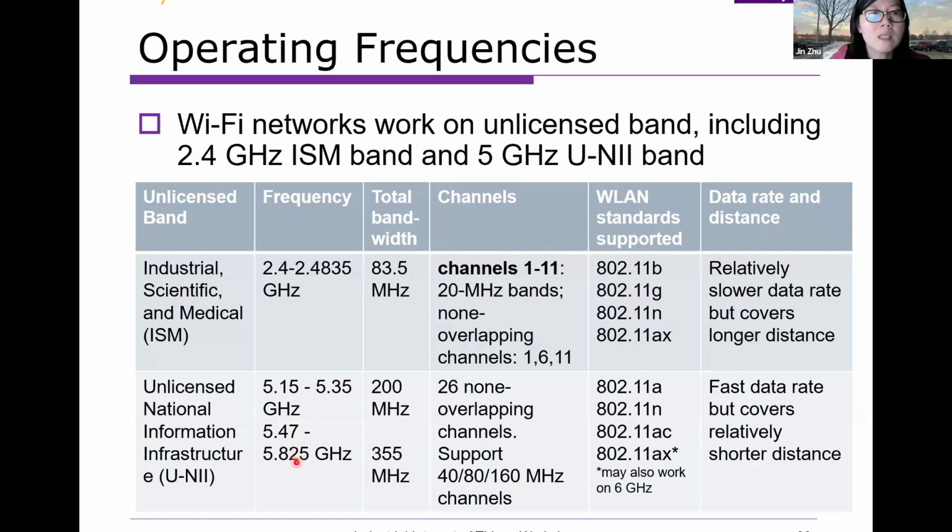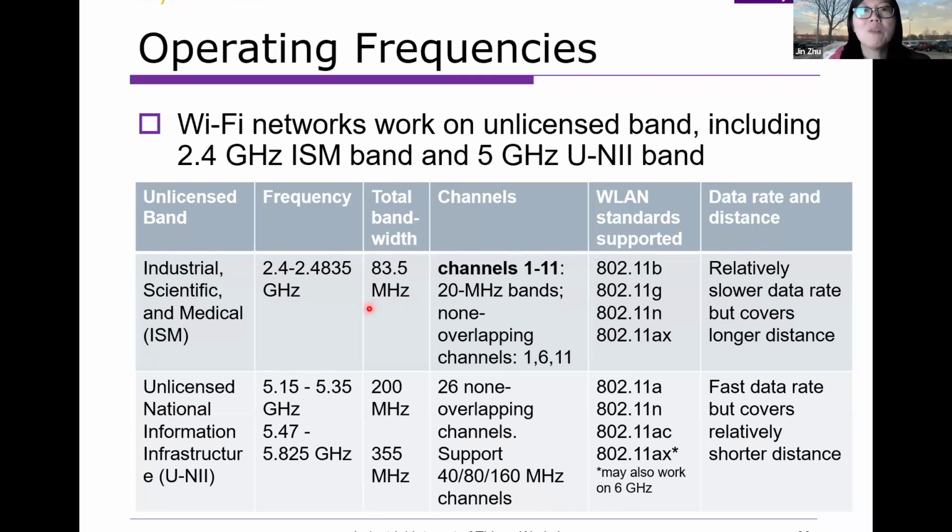Another one is the so-called Unlicensed National Information Infrastructure band on 5 gigahertz. We can see the total bandwidth on 5 gigahertz is much wider: 200 plus 355, that's over 500 megahertz, while the 2.4 gigahertz band is only about 83.5 megahertz.